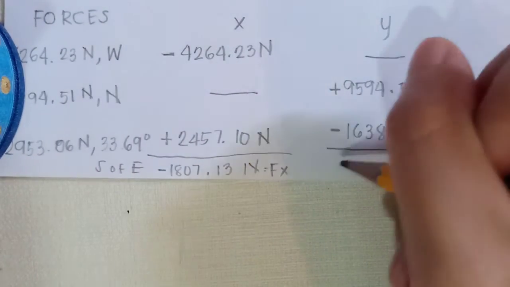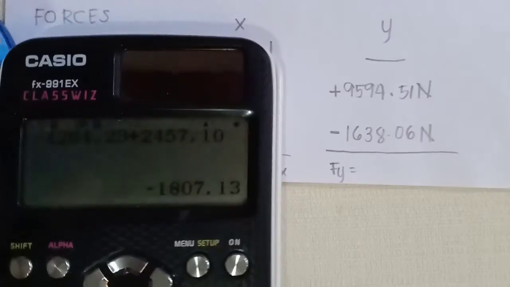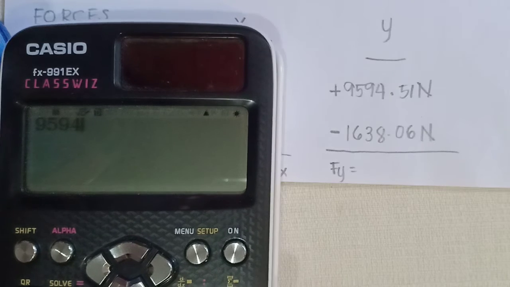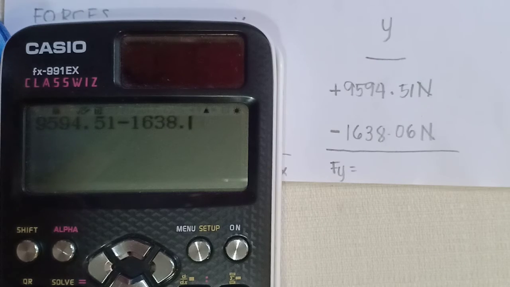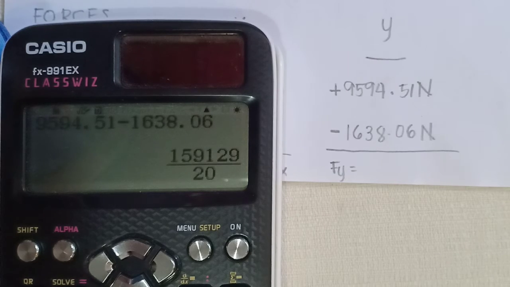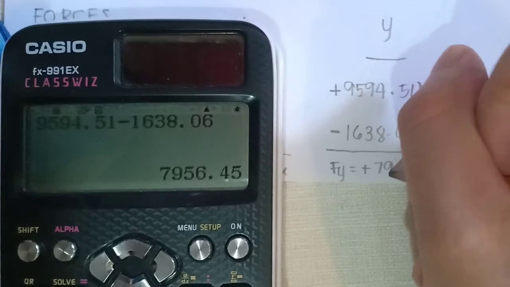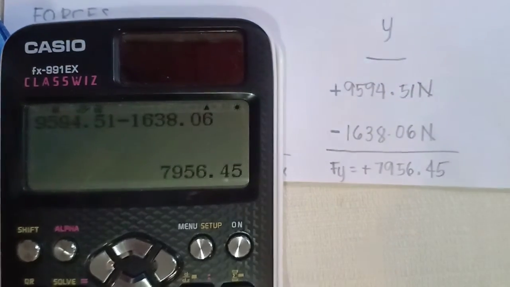Then for Fy, that would be 9594.51 minus 1638.06. So that would be positive 7956.45.